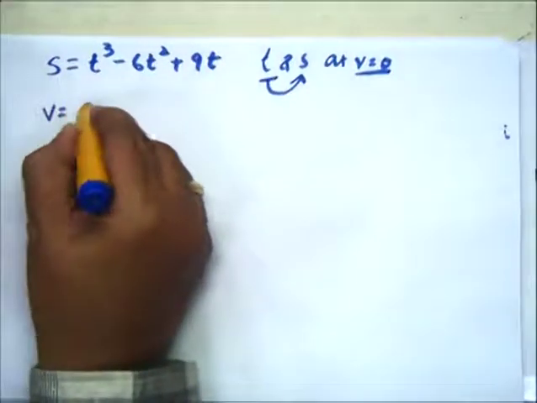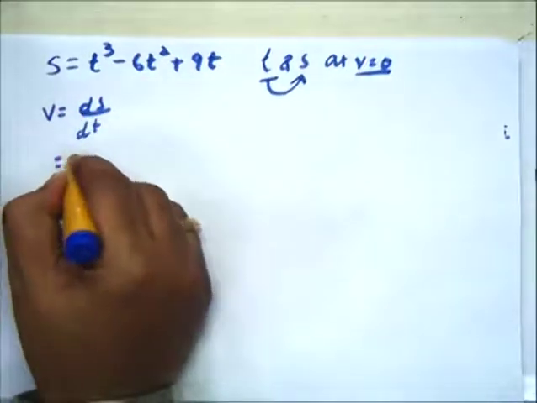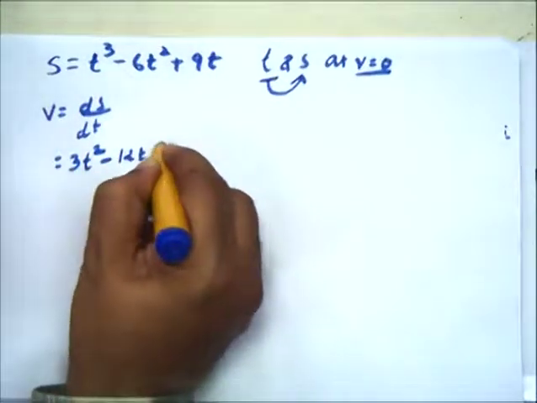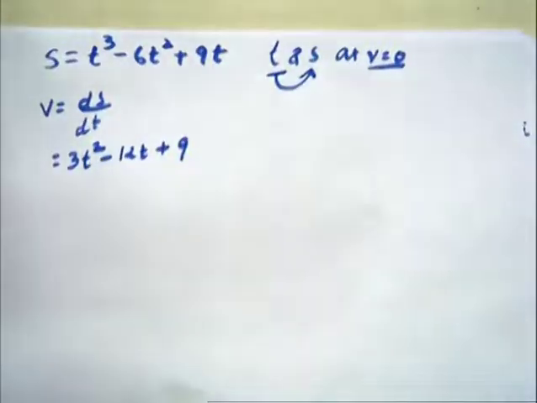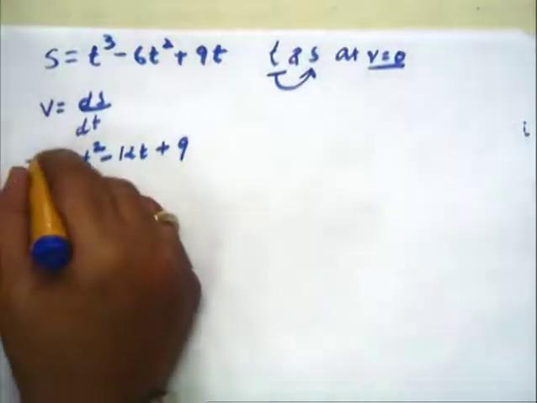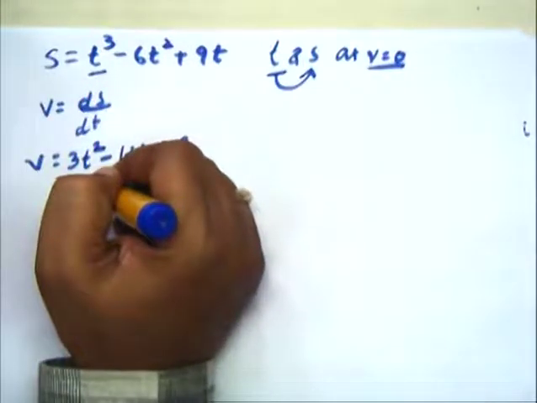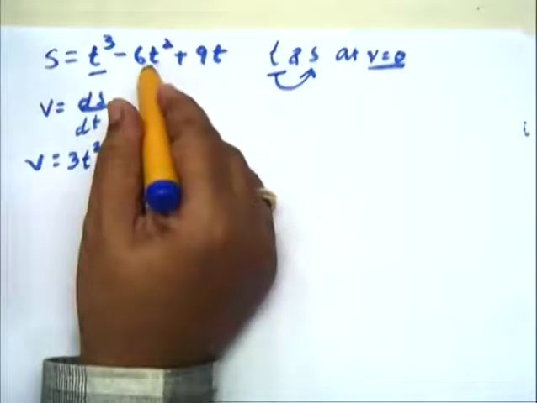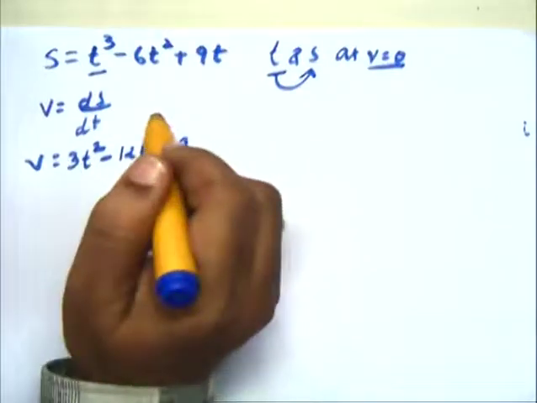So v is equal to ds by dt. So this is 3t square minus 12t plus 9, which is the velocity, where the derivative of t cube is 3t square, the derivative of 6t square is 12t, and of 9t is 9.